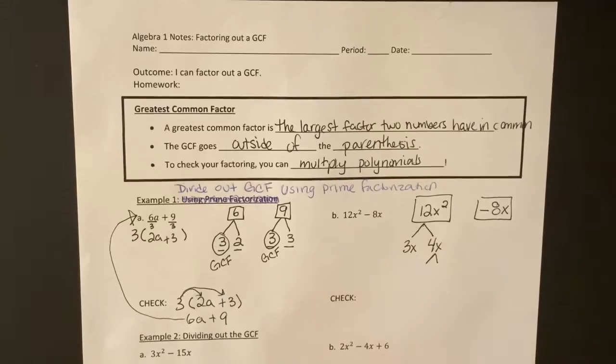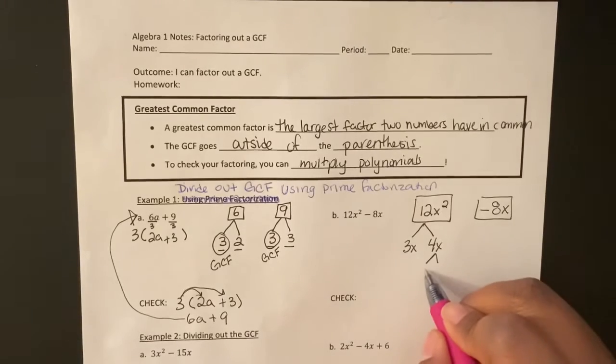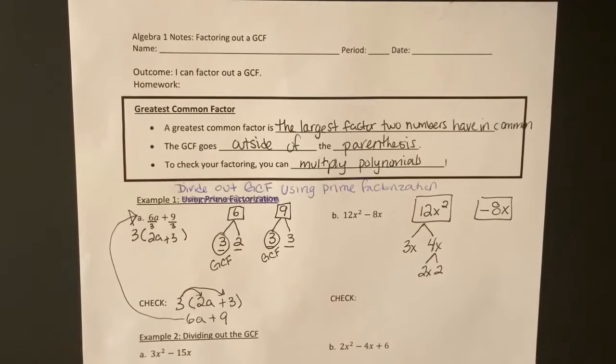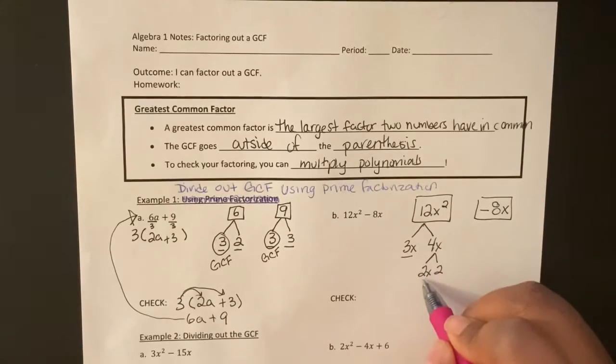And this 4x could be simplified into 2x times 2, because 2x times 2 is 4x. Now I have all my primes.